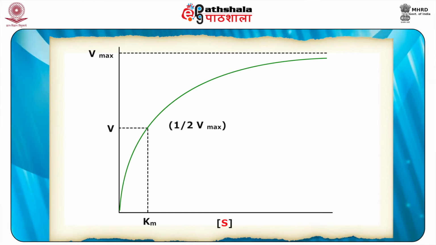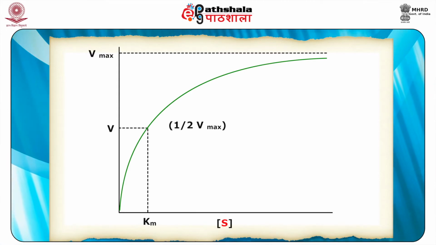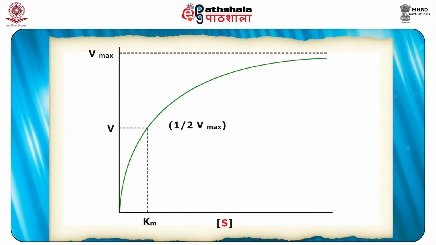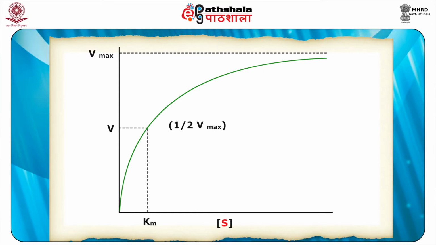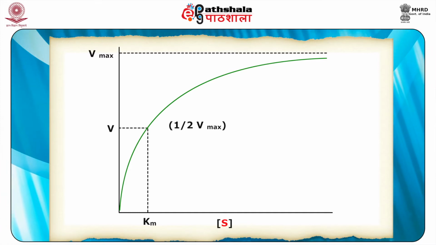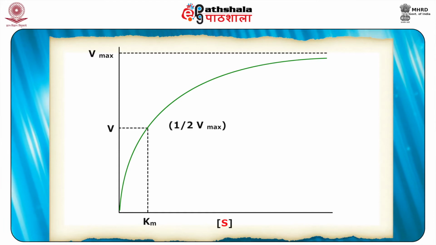Hence, while measuring enzyme activity, it would be best to assay at Vmax using high substrate concentration to avoid variation in velocity due to changing substrate concentration.